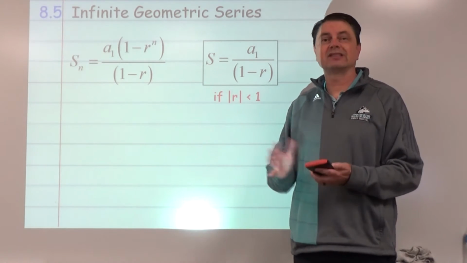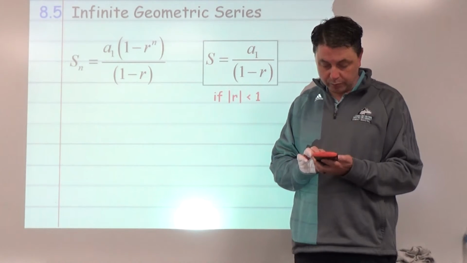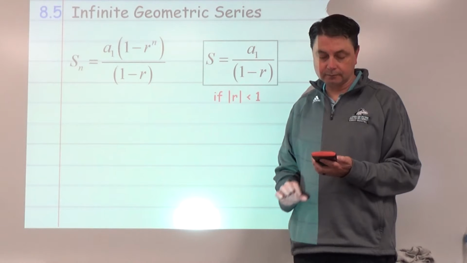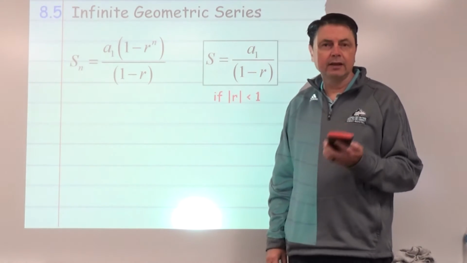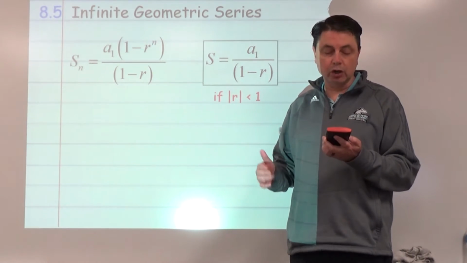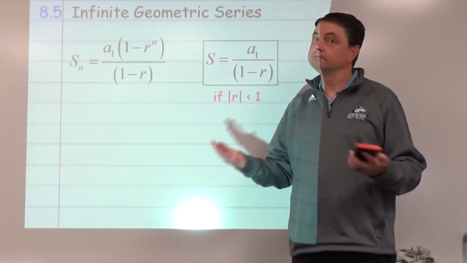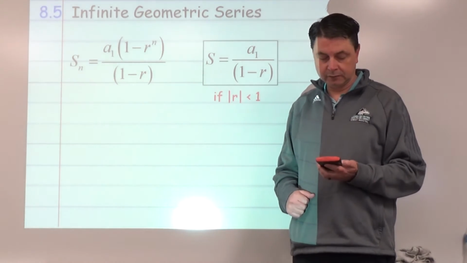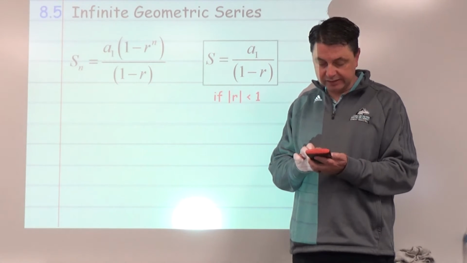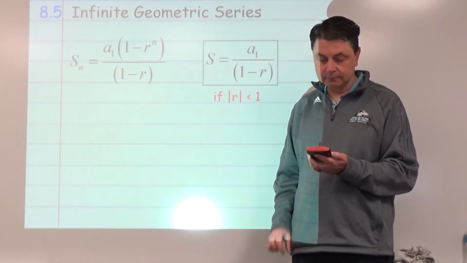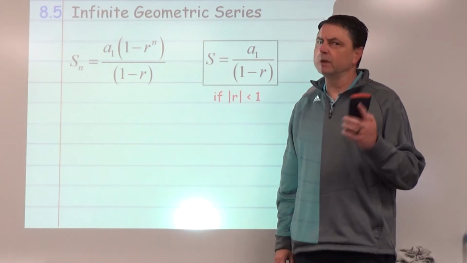Let's do another one. Let's pick a bigger n value. Let's do 0.7 raised to the 50th power. And my calculator says 0.000000018, even smaller. All right, let's try 0.7 raised to the 200th power. The display's a little bit different.